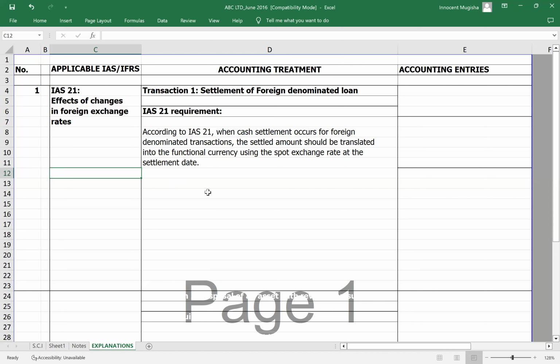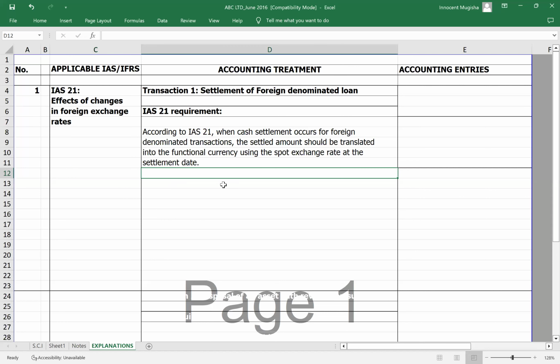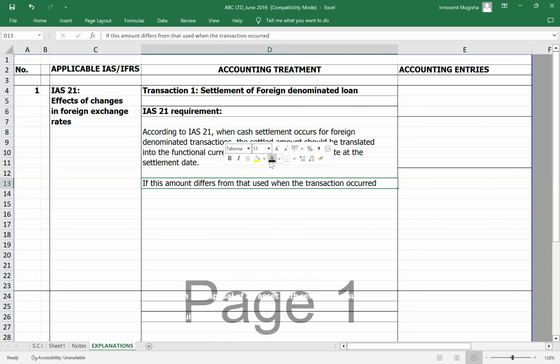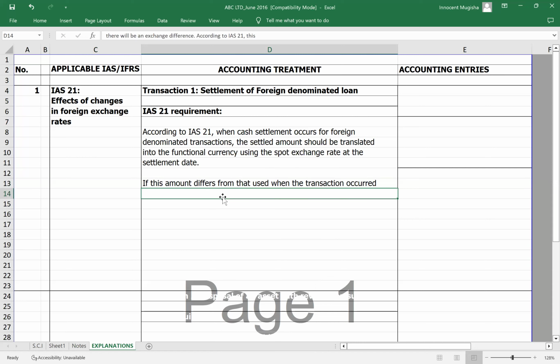In this case, the company Abc Ltd's functional currency is the United States dollar. So we need to translate the amount into Uganda shillings. Now that the amount differs from that used when the transaction occurred, there will be an exchange difference.